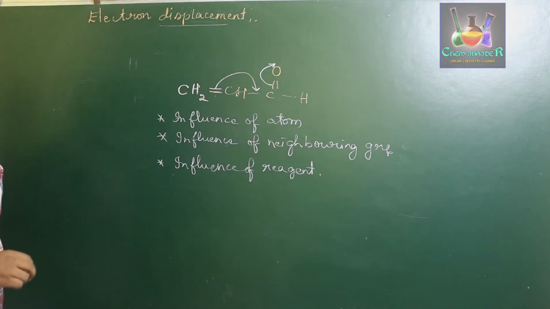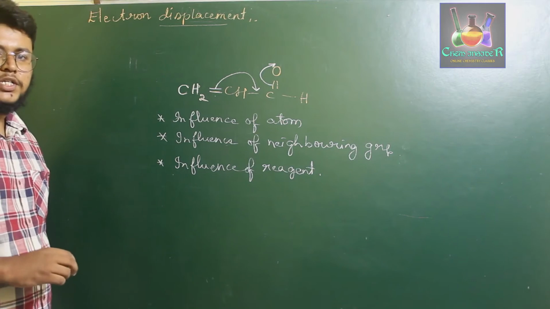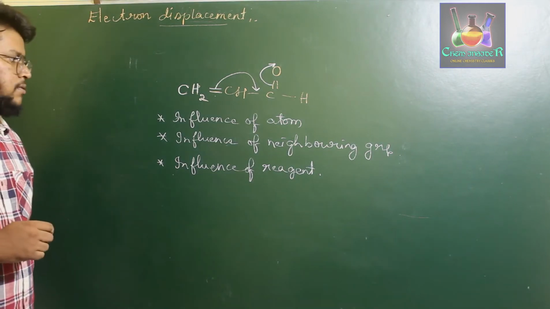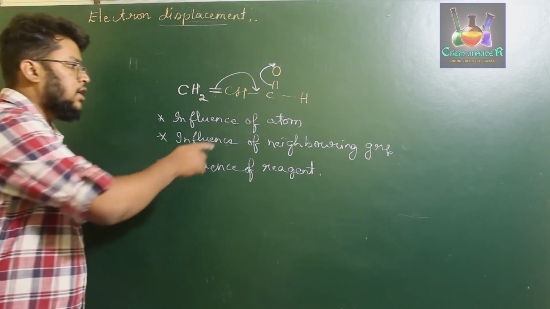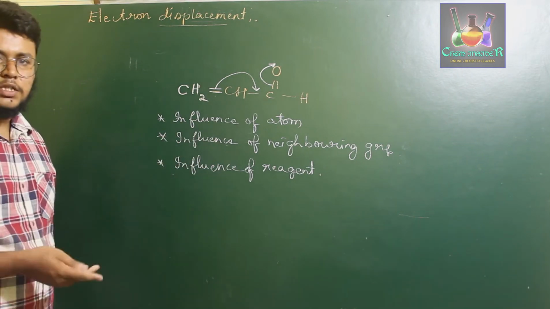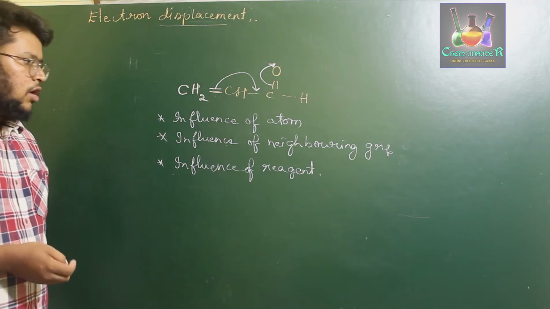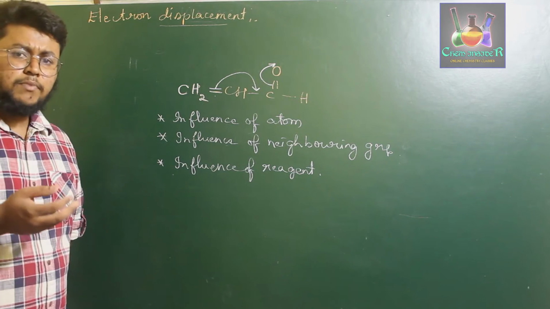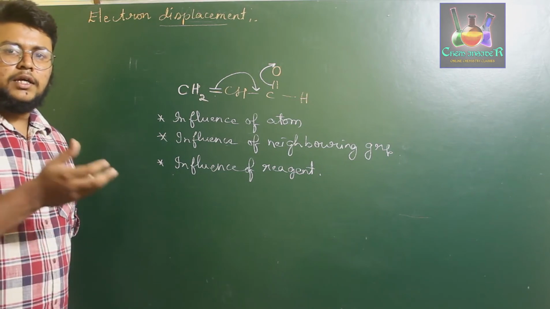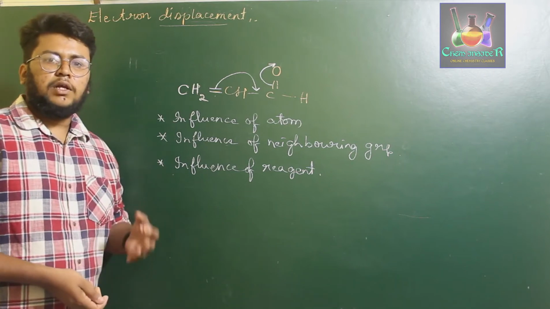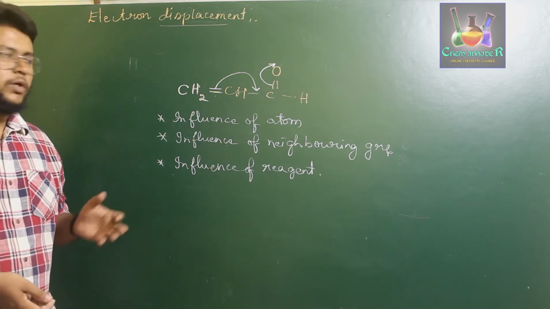A particular species of hydrocarbon can change its electron's position because of three different conditions. One, the influence of an atom present in the species, or the neighboring group present in the species, or the reagent which is attacking the species. So due to these three reasons, we will observe a movement of electrons from one position to the other position.